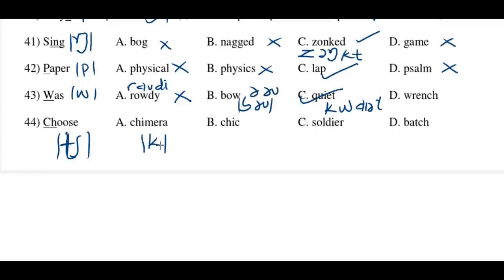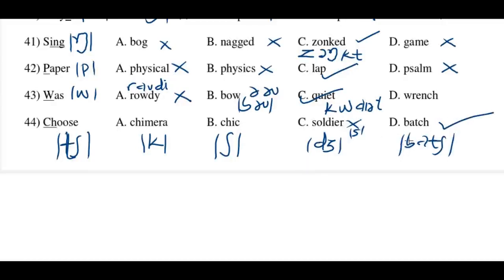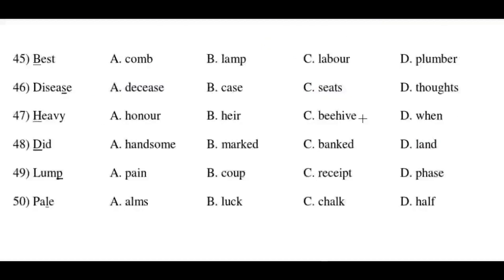Then option B, this is chic. Then option C, we have soldier. J and s. So it doesn't follow. Option D, batch. So the correct answer to this question is batch. Choose ch, batch. All right.